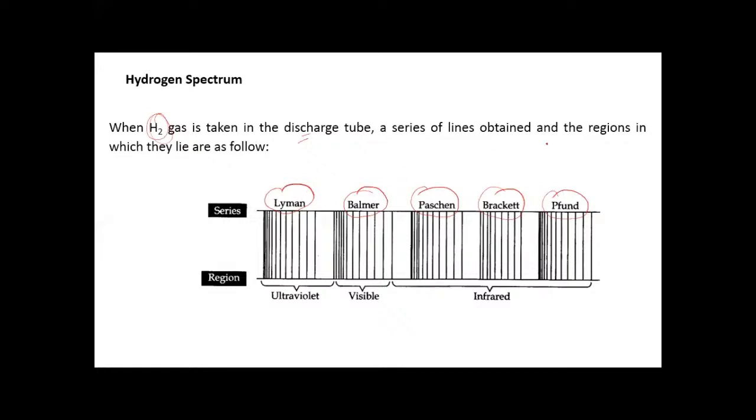These lines fall in different regions. The Lyman series lies in the ultraviolet region, whereas the Balmer series lies in the visible region. Paschen, Brackett and Pfund lie in the infrared region.